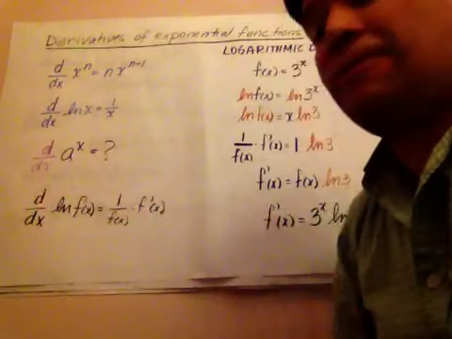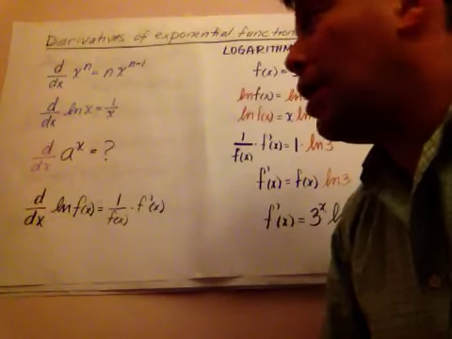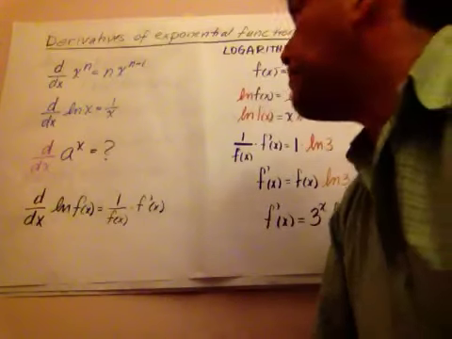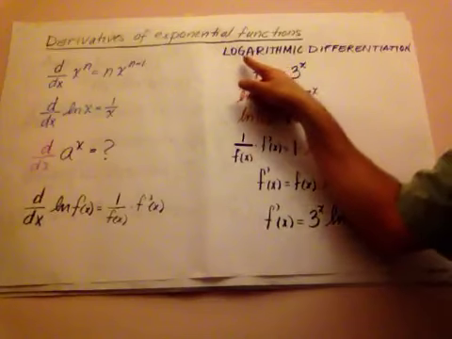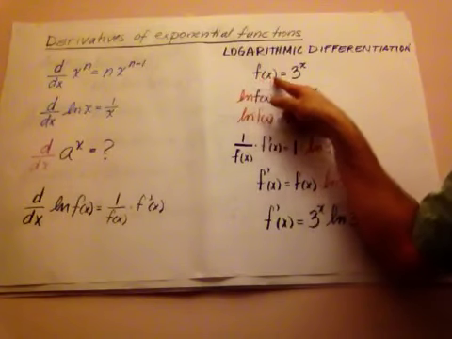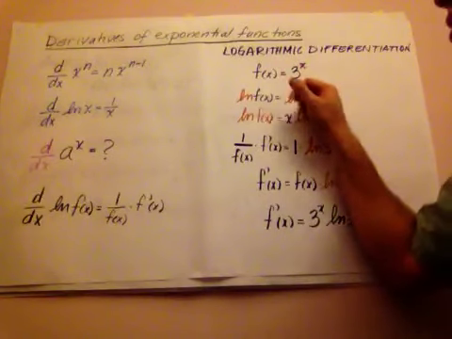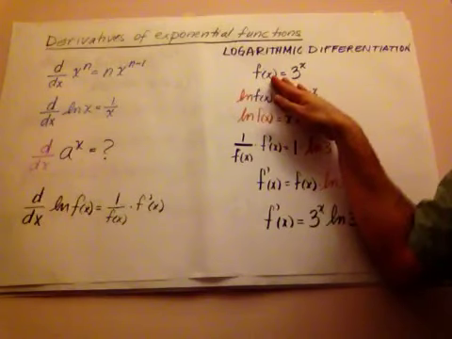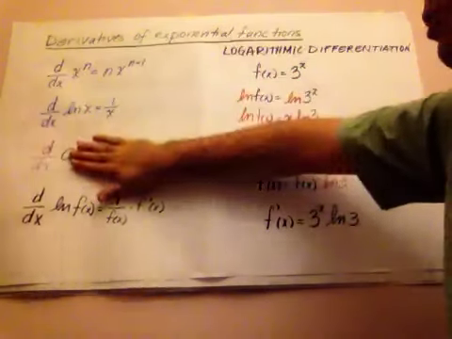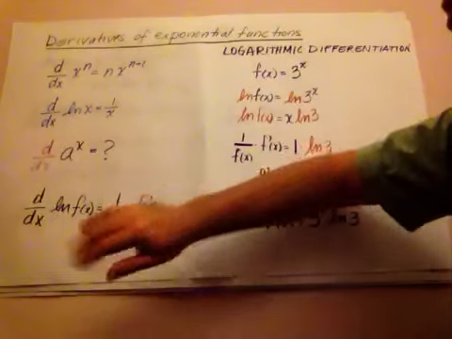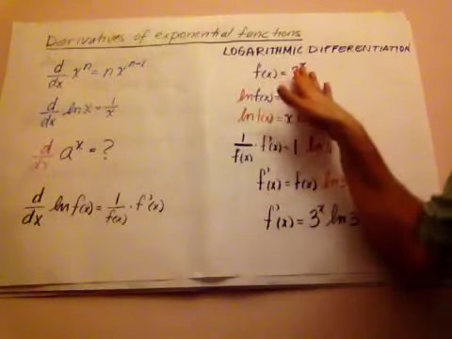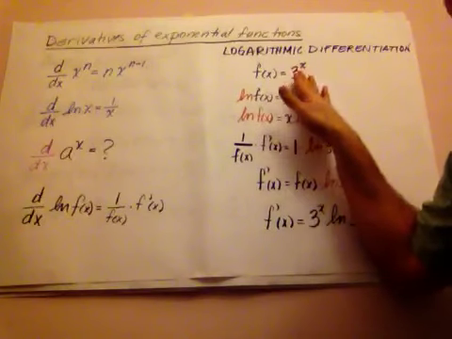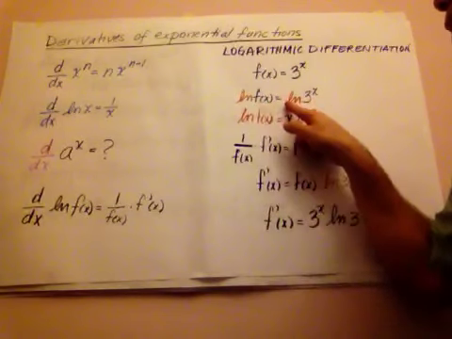This is going to be very important. Let's see an example. Let's say f of x is 3 to the power of x, an exponential function. Since we don't know how to get its derivative, we're going to take the natural logarithm on both sides of the equation, here and here.